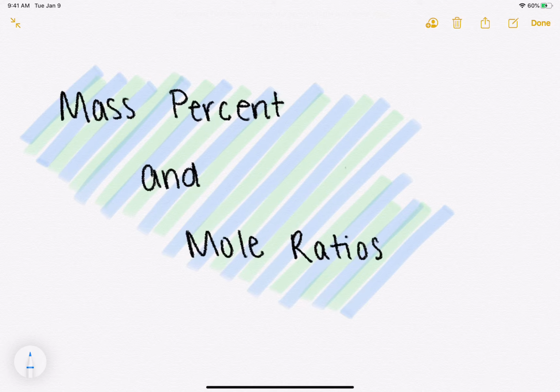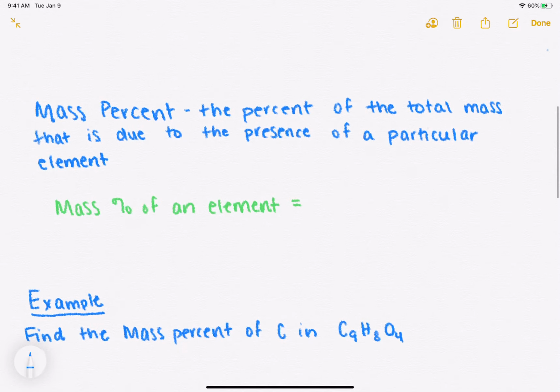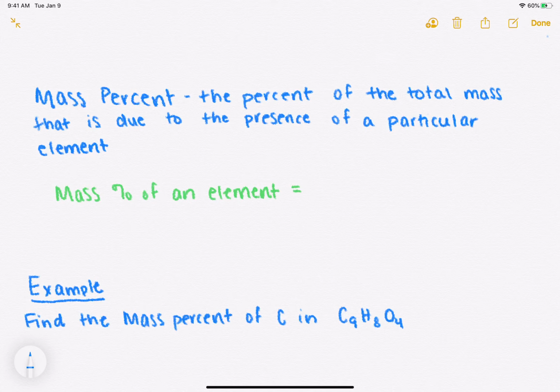For our next topic, we're going to look at mass percent and mole ratios. So what is mass percent? Mass percent is the percent of the total mass of a molecule that is due to the presence of a particular element.